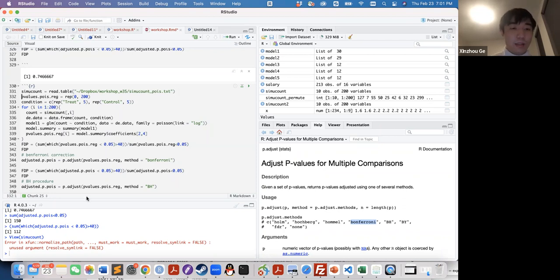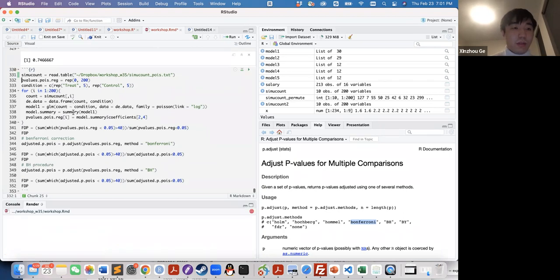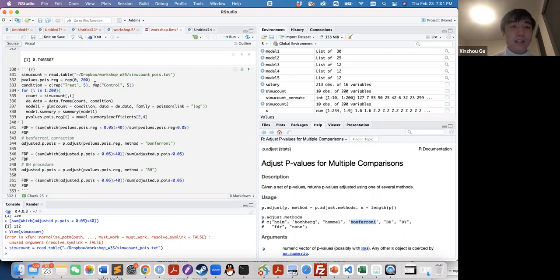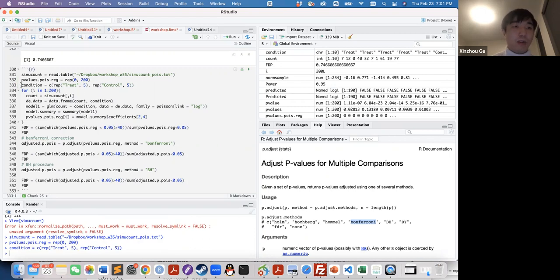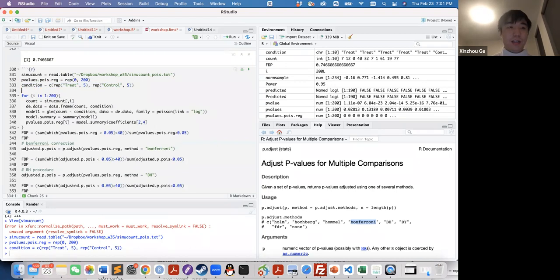And we have the p-values and the conditions, and what we did was to permute this condition vector.